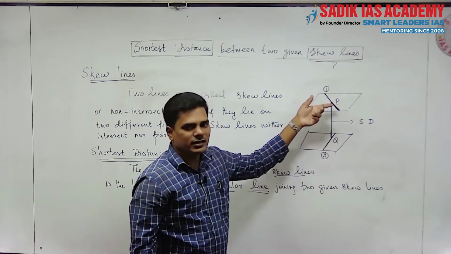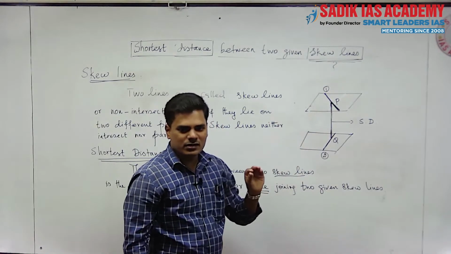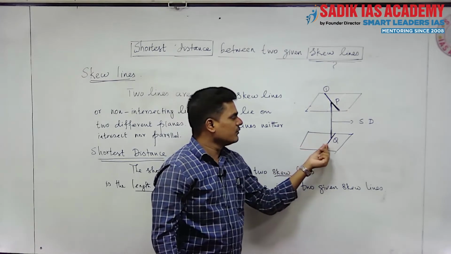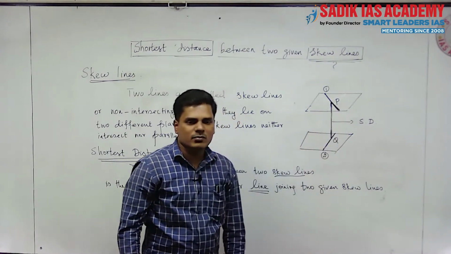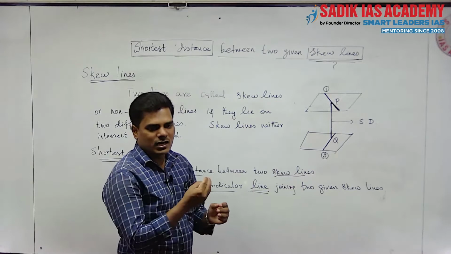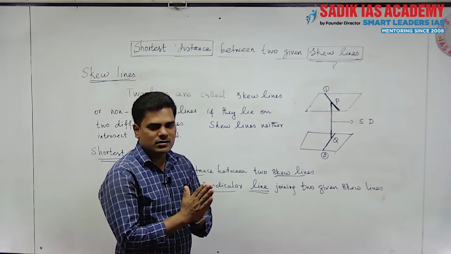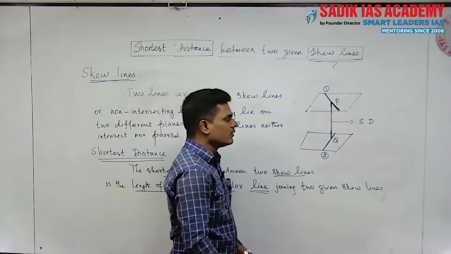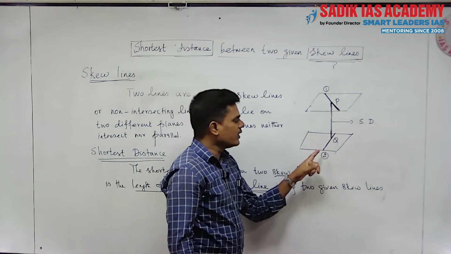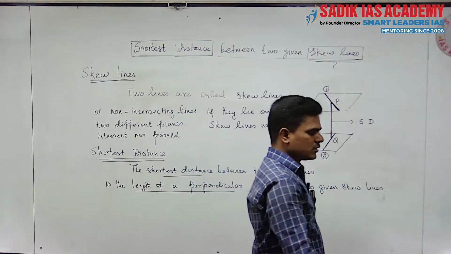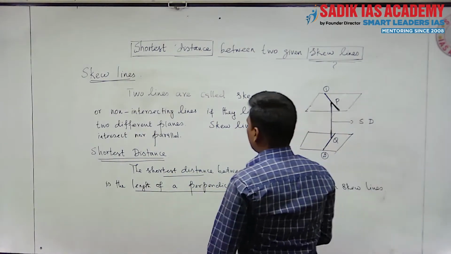Both the lines are in general form. All the 3 categories we are going to discuss, but in this class we will be discussing only one concept: if the given 2 skew lines are in symmetrical form, how to find the shortest distance and the equation of the line of shortest distance. That is it. Next.